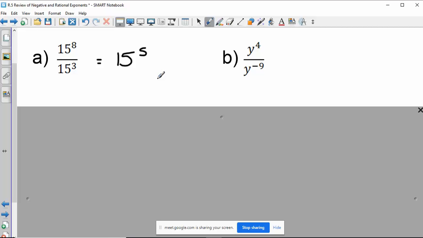B. There's a couple different ways of simplifying this. Give me one option. What could we do? Give me some kind of suggestion.